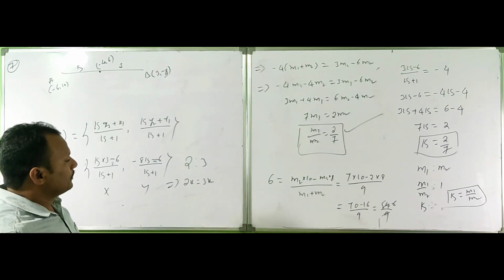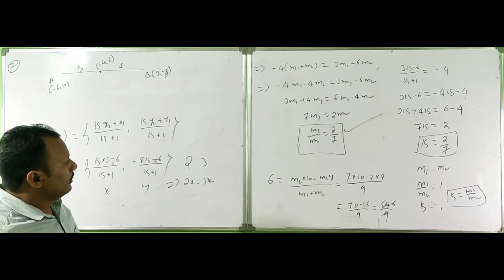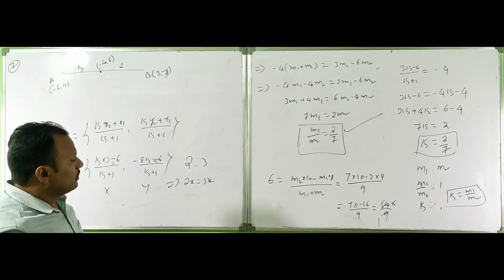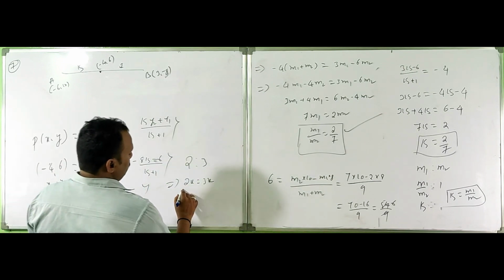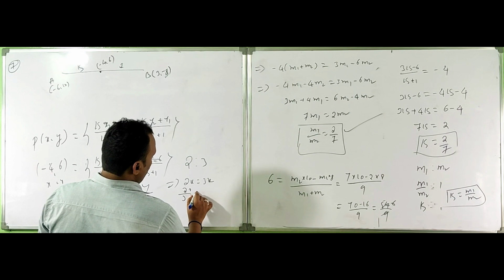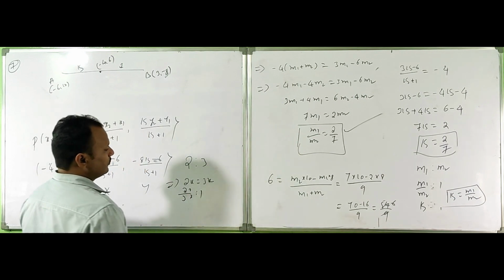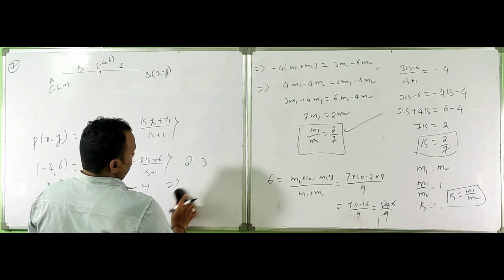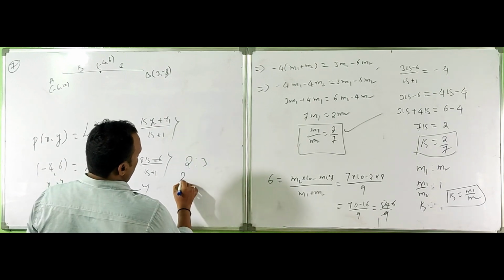It's not coming. So 2 by 3, x into x is to 1 is to 1. X is not exactly fixed.